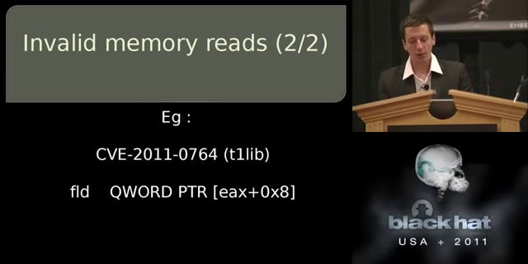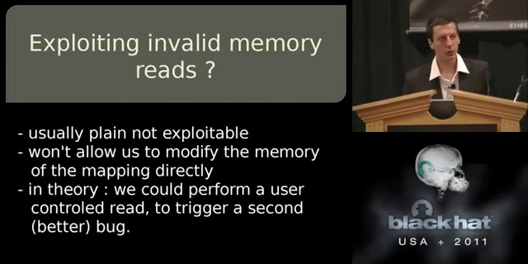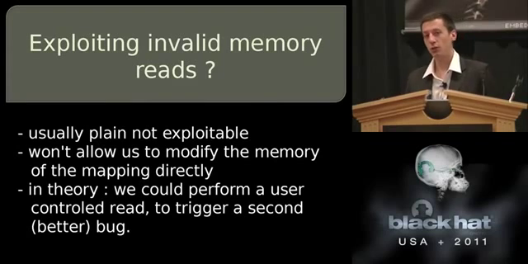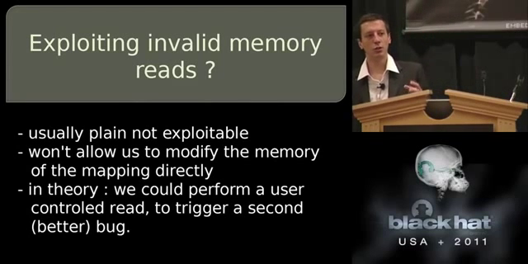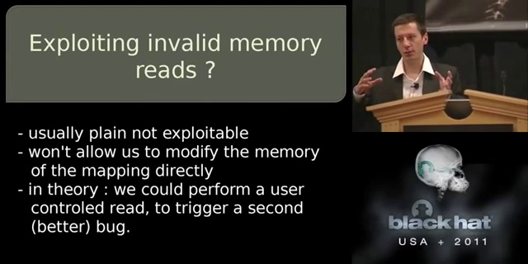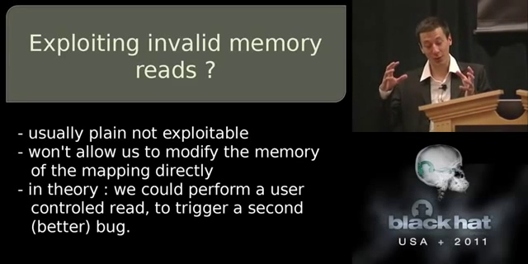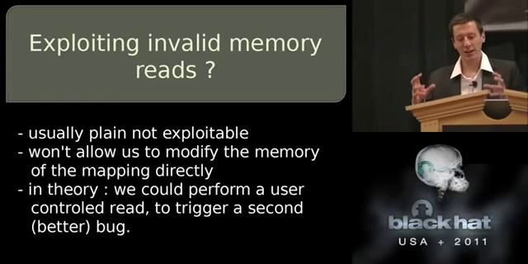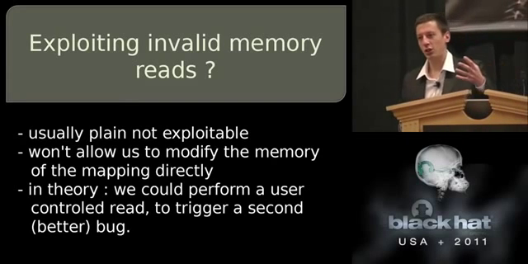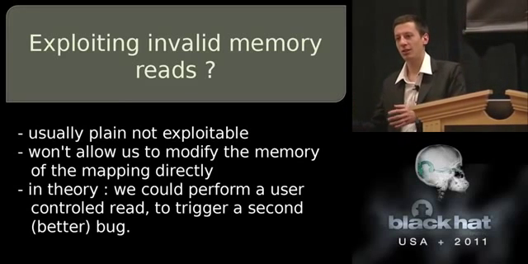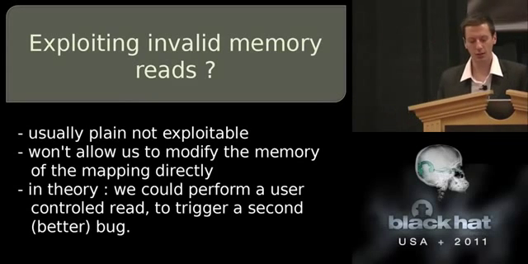Truth is, usually you don't. Most invalid reads are not exploitable. The best you could do is have the application read from a memory region you control. So the value which is passed to the application is controlled, and this could trigger another bug inside the application. But in itself, it's not exploitable.